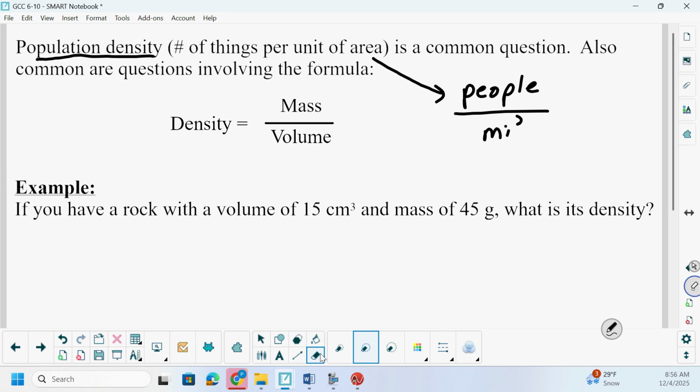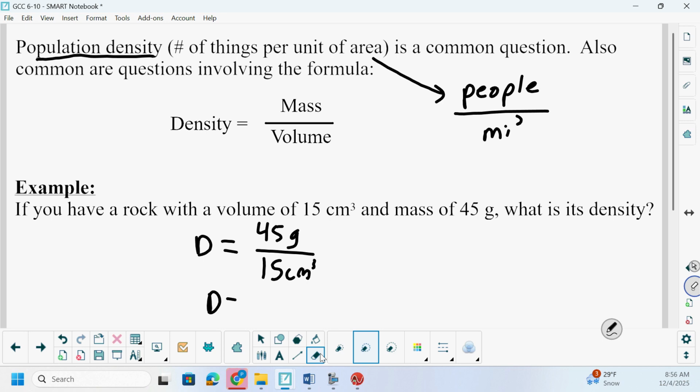If you just have plain old density, that's typically a mass divided by a volume. So for example, right below, if we had a volume of 15 centimeters cubed and a mass of 45 grams, to find our density, which I'm going to label as D, we'll just take the mass amount, which was 45 grams, divided by the volume amount, which was 15 centimeters cubed.